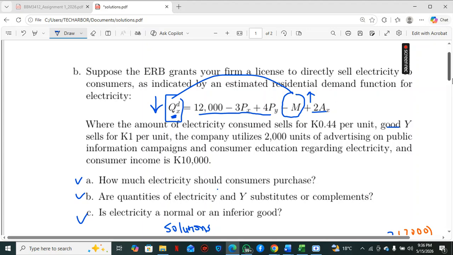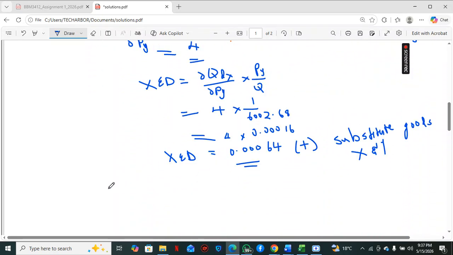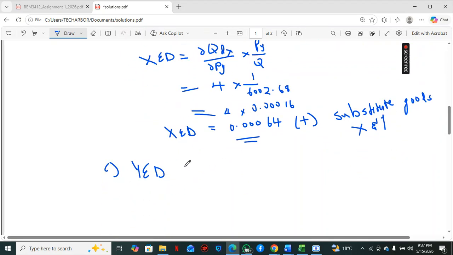Okay. So let us show this with the income elasticity of demand, YED. Income elasticity of demand is what determines if a good is a normal or an inferior good. And this is the formula for income elasticity of demand.